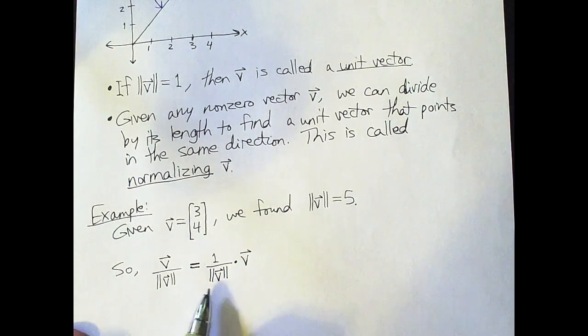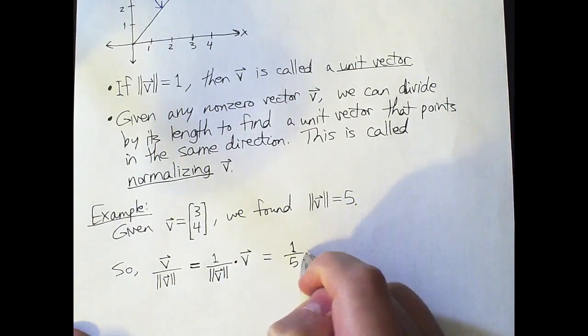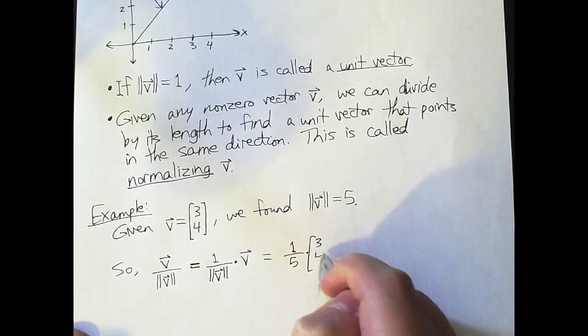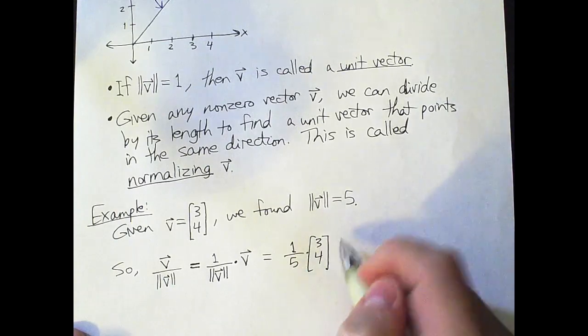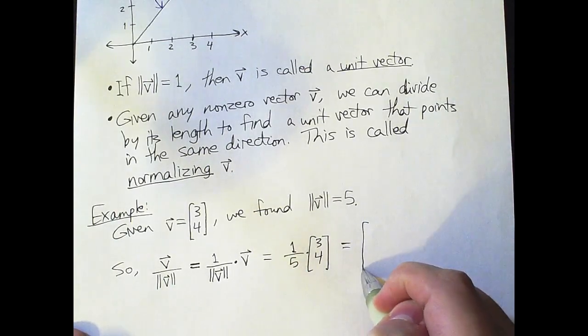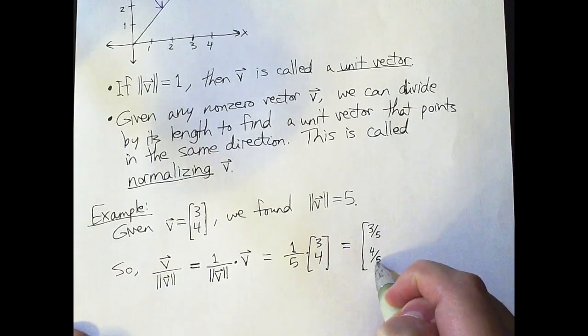And now it's just scalar multiplication, a real number times a vector. So that's how we divide: just multiply by the reciprocal. So 1 over 5, scalar multiplication, 1/5 times this vector. It's going to give us 3/5 and 4/5.